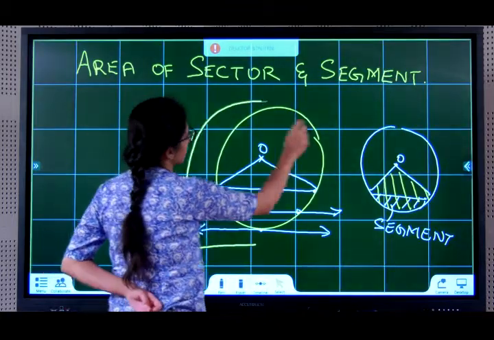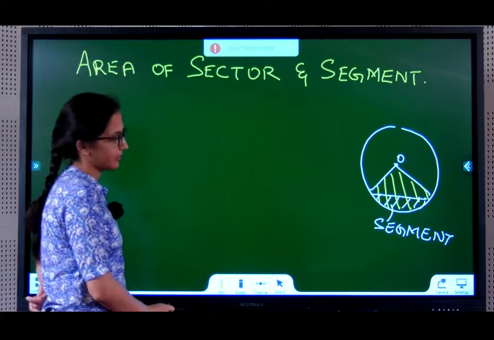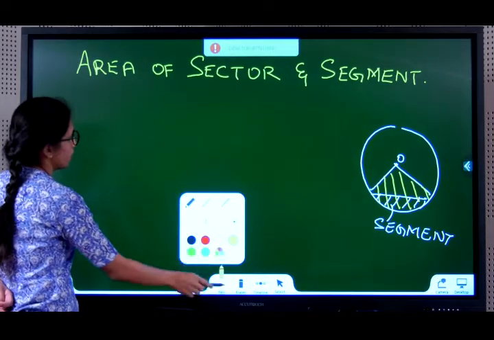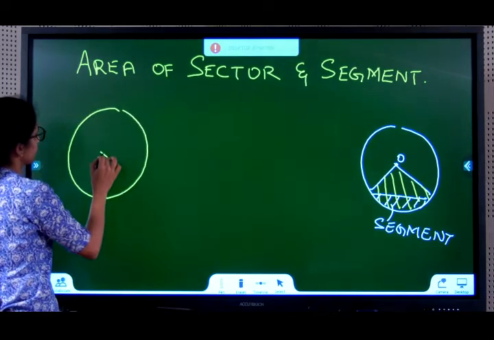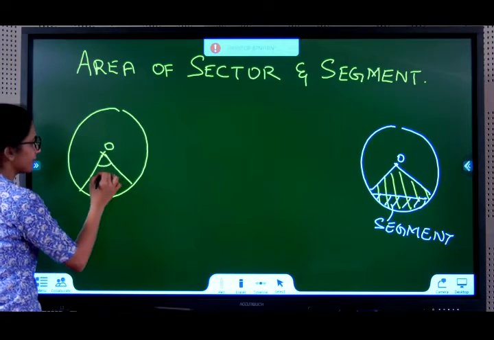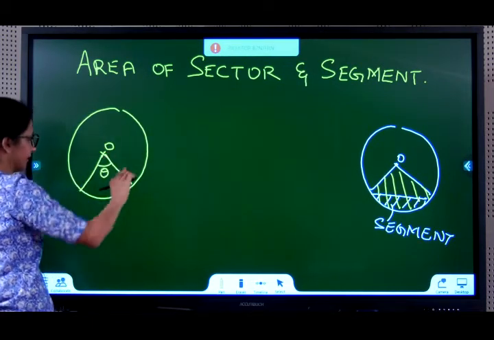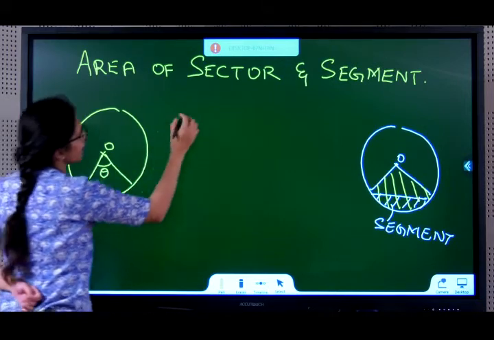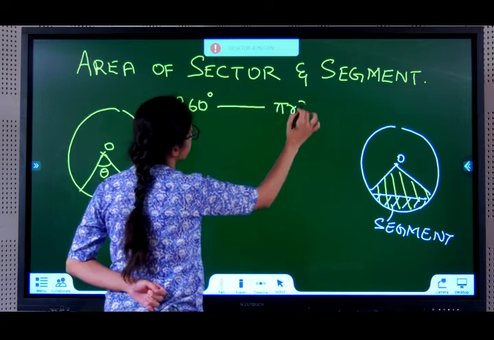So now let's see how we find the area of a sector. If I have a circle whose center is O and this is my sector, let's say the angle here is theta. If it's the whole angle 360 degree, then the area is pi r square.